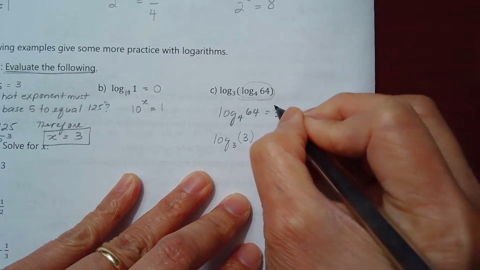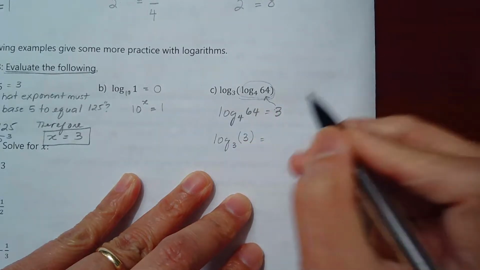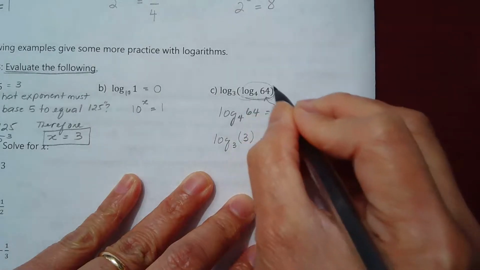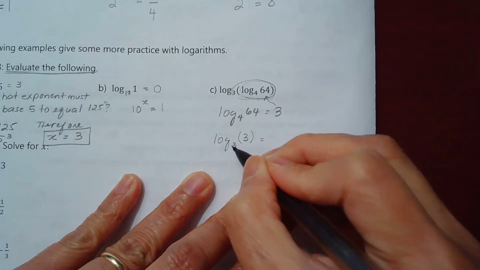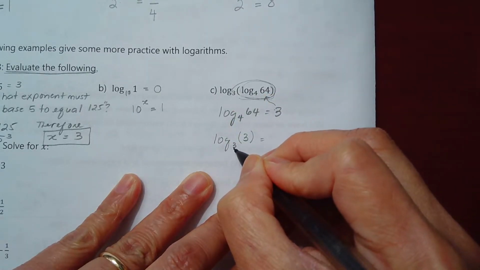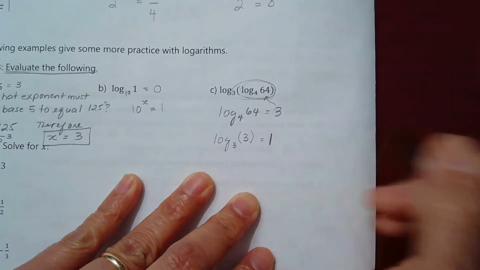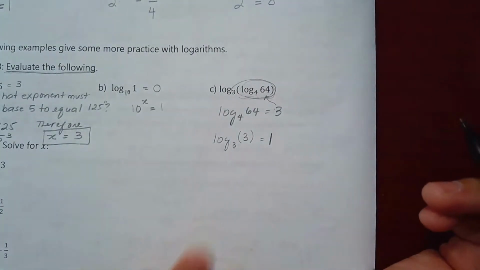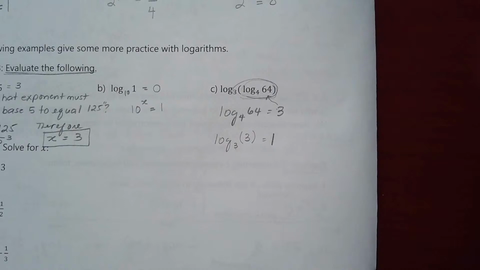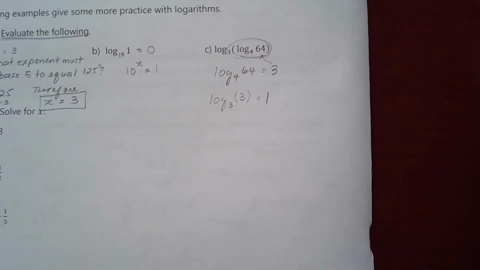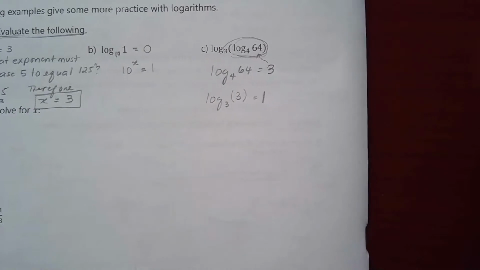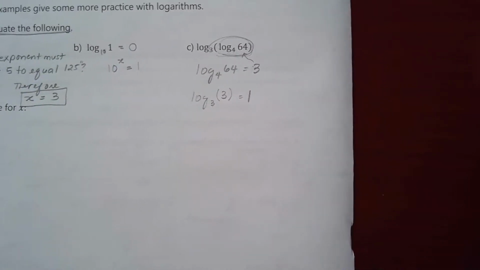Okay, so I'm going to put that there. And then what exponent do I raise 3 by to get a 3? And then the answer is 1. Answer is 1. Okay. So that one's pretty cool.